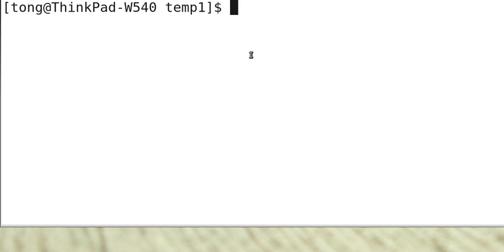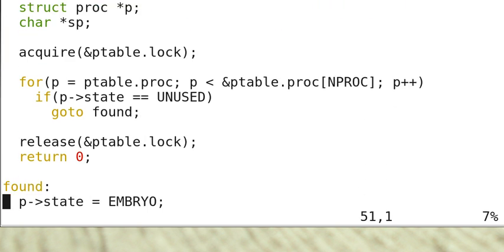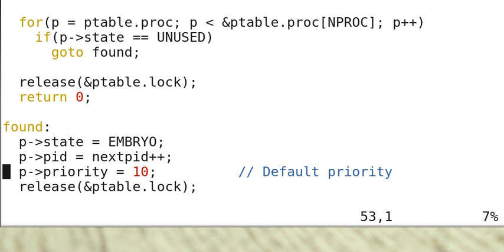Now to do that, first we will set the default priority of a process to 10. And we do this in proc.c, in allocproc. So when it is created, we set the priority to 10. So that's the default priority.